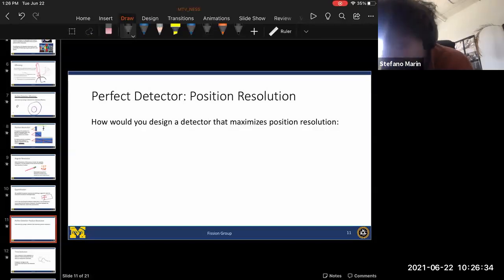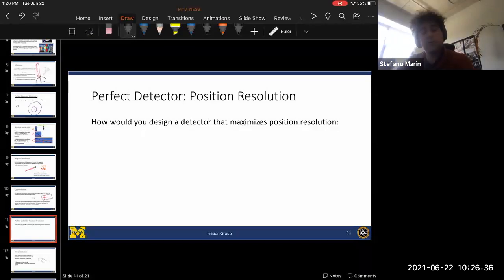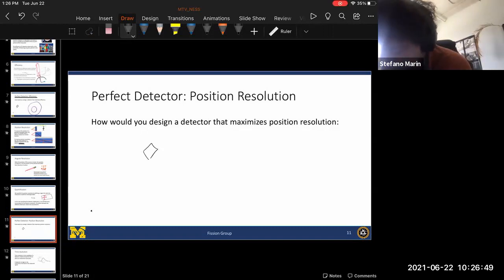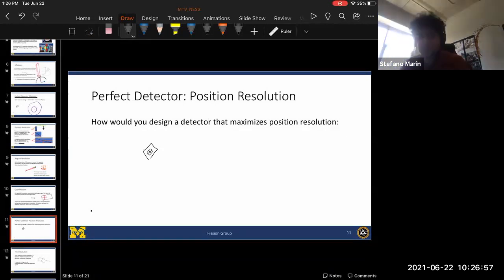Well, one way that we can start is by going to the one that we said would fail miserably at finding the highest multiplicity distribution. So we put a source on one side of the room and a detector on the very far side of the room. If the detector is very small, we would have a very good measurement of where the particle is interacting within the detector.